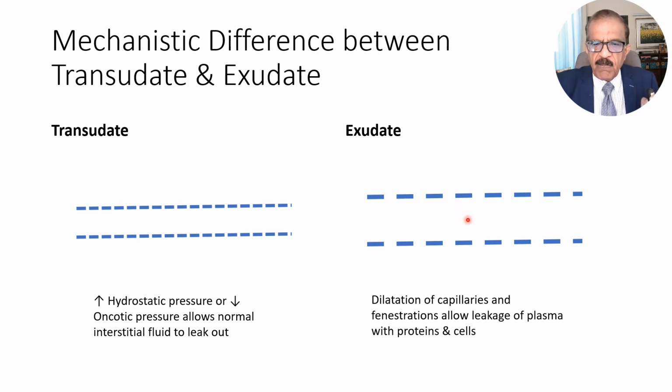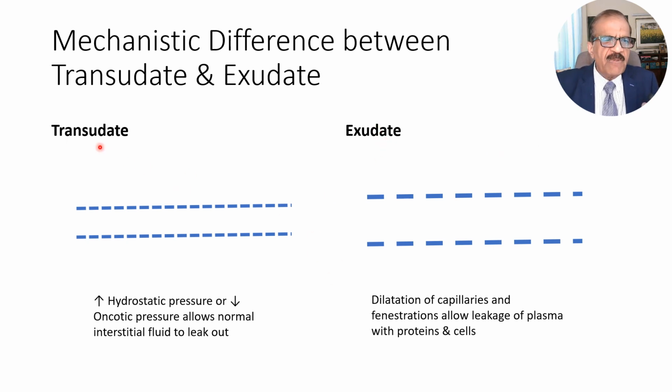So bigger molecules, proteins, will not leak out in this case. In this case a significant amount of proteins will also leak out, and some cells will also follow them. So you will have a fluid which is protein rich and cell rich. So this is exudate. All right.